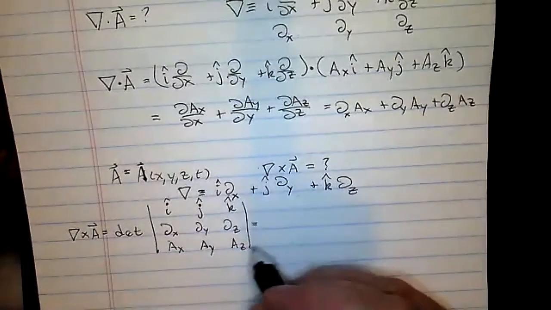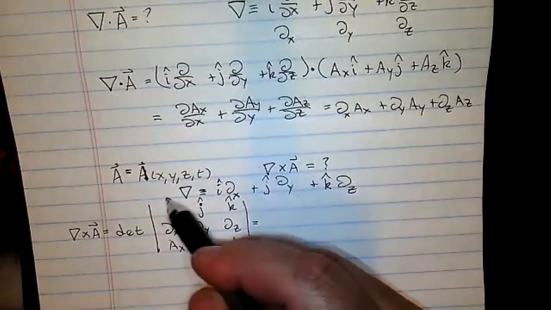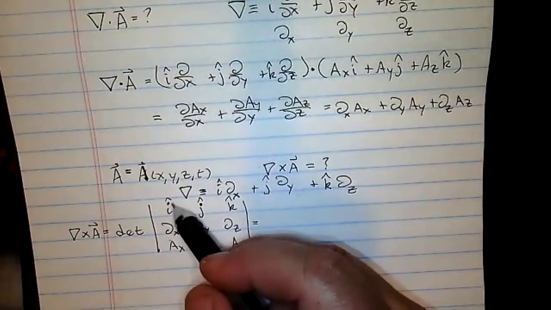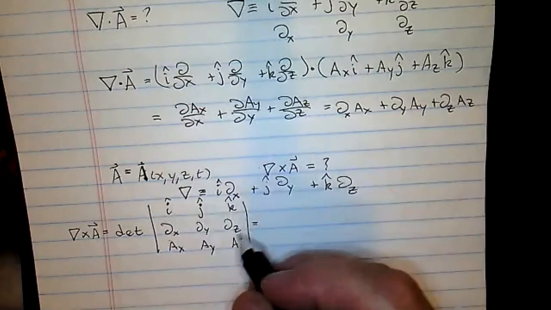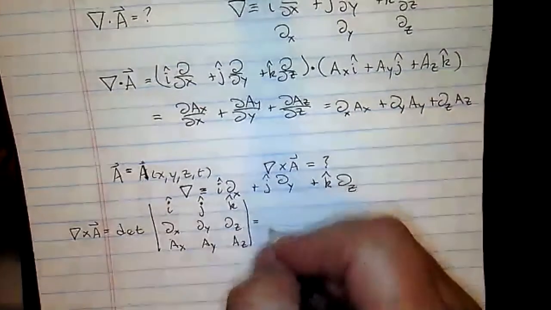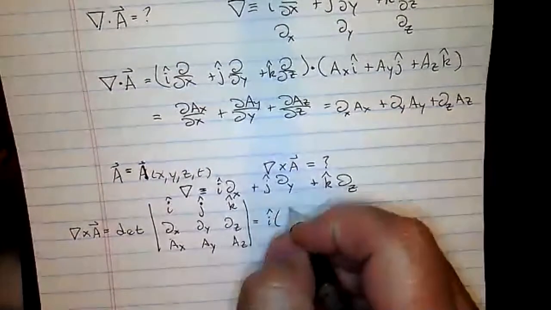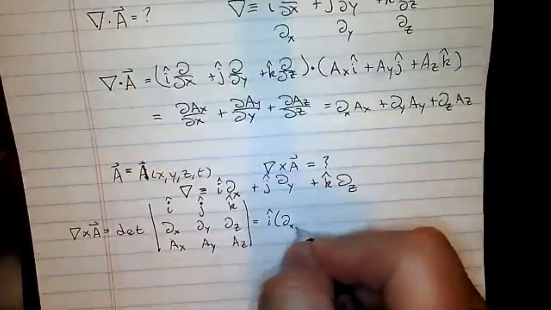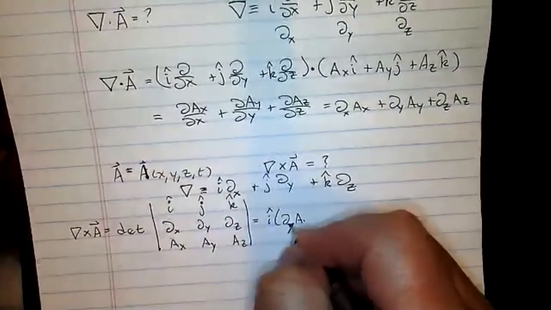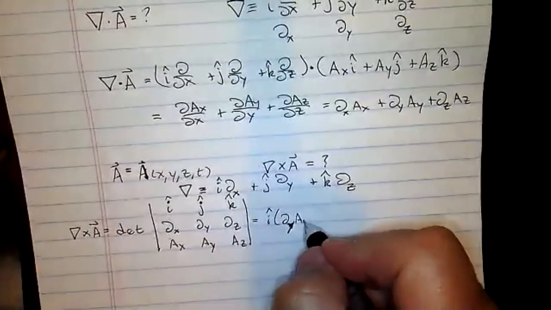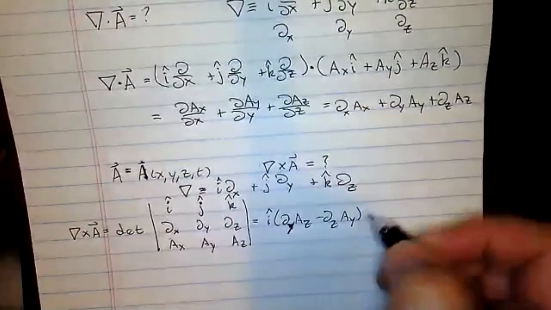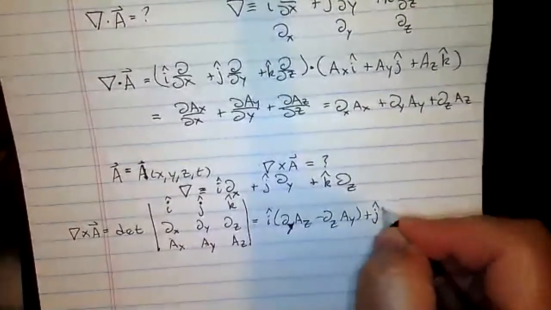Using my rule that I did before, I'll expand upon the i. The i has an exponent of negative 1 to the 1 plus 1, so that's going to be positive, which means I can cover up this column and this row, and then just do that minus that. So I'm going to say i hat, partial with respect to y of A sub z minus partial with respect to z of A sub y, plus j hat.